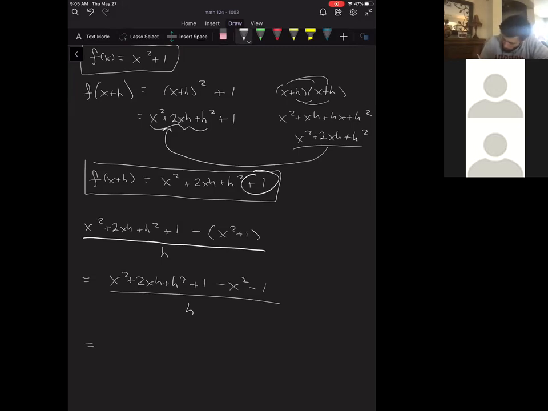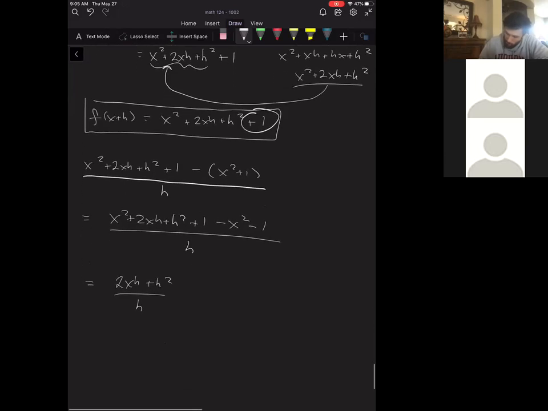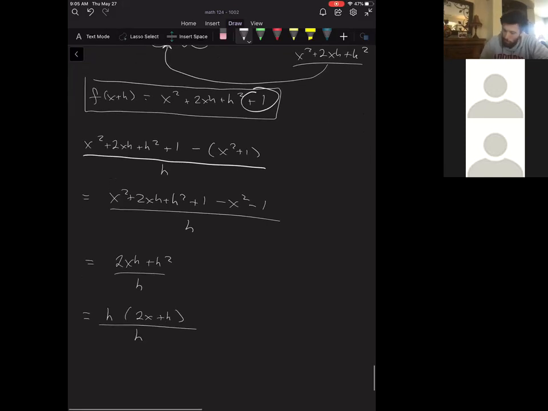So what we're left with on the top is going to be 2xh plus h squared, all divided by h. And the last thing we can do is factor out an h on the top. So an h can be taken out of this piece, and an h can be taken out of that piece. And the last thing we do is cross out the h on the top and the bottom. So what we're left with is this. And so this would be what our difference quotient is equal to.